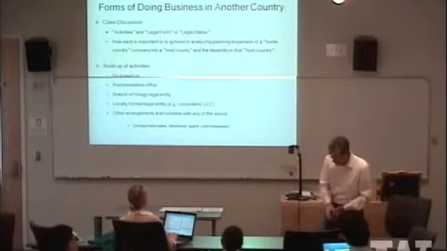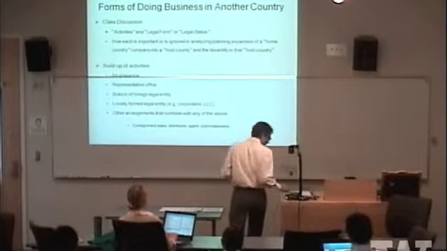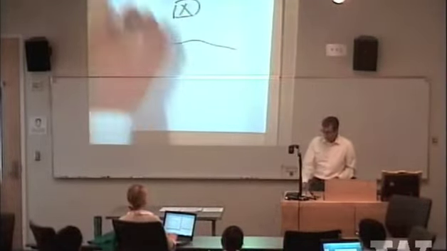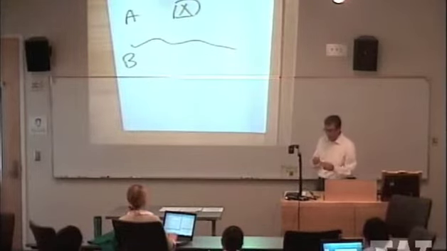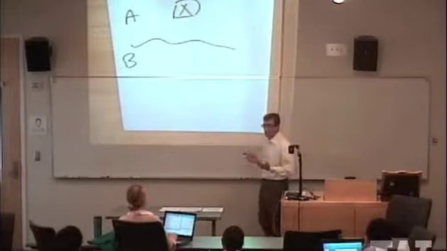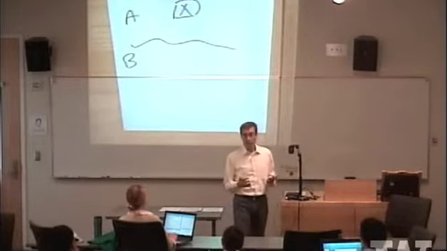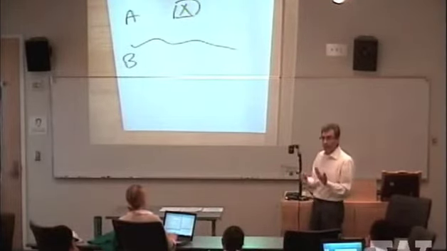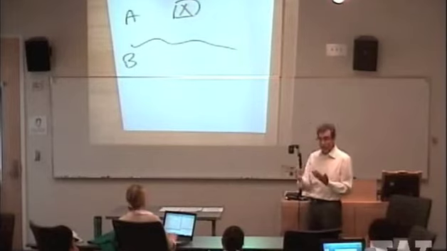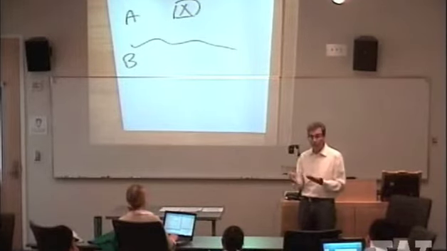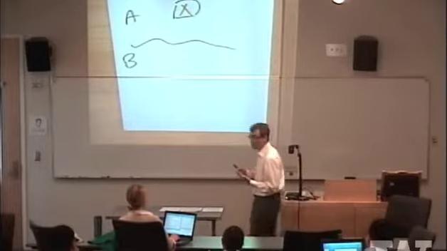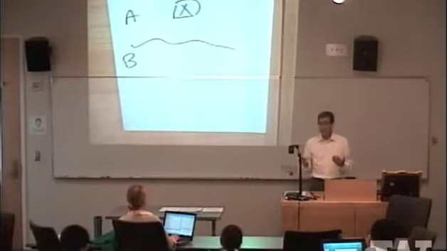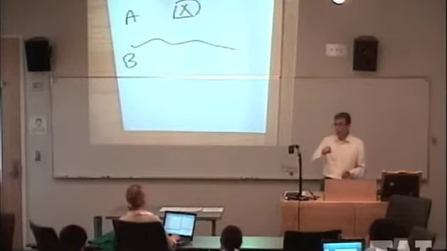In other words, if this is country B, and this is country A, and X is in country A, what activities can X conduct before it actually has some sort of recognized presence from a tax standpoint in country B? So this is what I mean by no presence. What can X do before B says, hey, you're here, I can grab you?